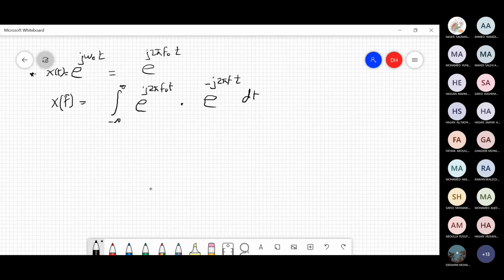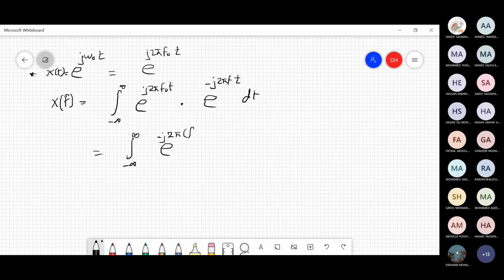So then combine these two together. It will be the integral from minus infinity to plus infinity of e to the power of 2 pi, and j you can take as a common, or minus j common.